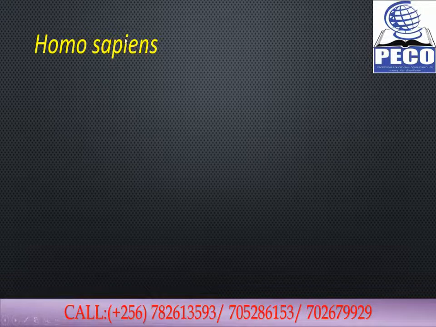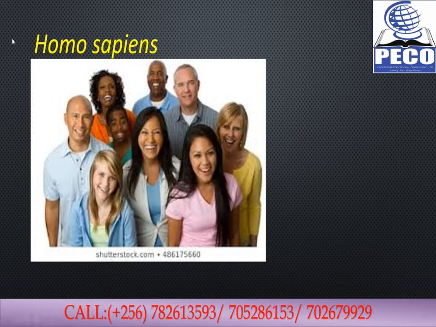Can you guess what this thing is? Homo sapiens. What is it? Let me see. Okay. Did you get the answer? There we are. Homo sapiens. Now that's where the human beings are. Black, white, red, so long as you're a human being, you're a Homo sapiens.